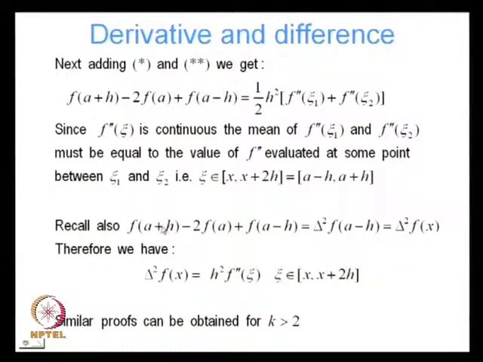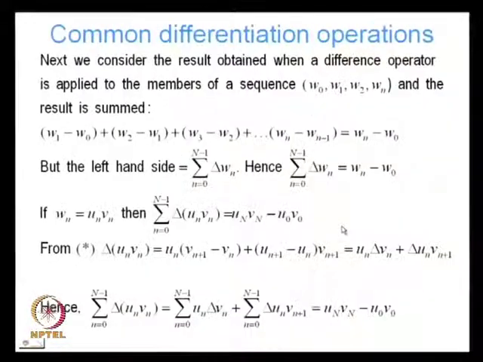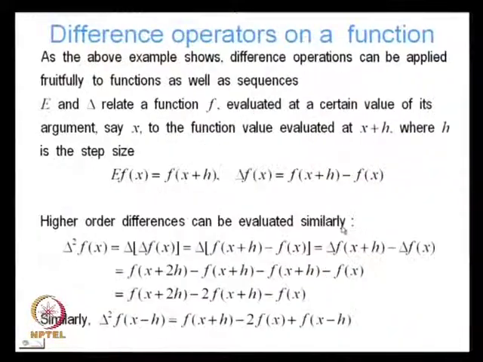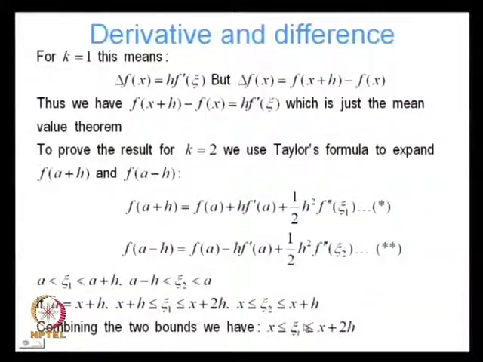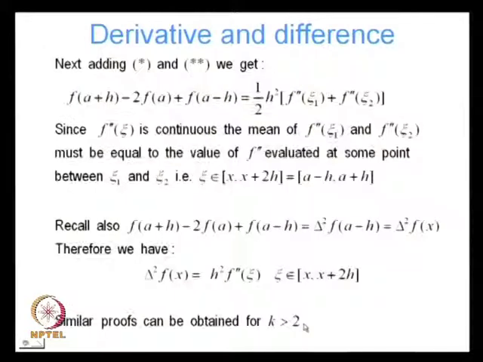Recall also that f(a plus h) minus twice f(a) plus f(a minus h) is equal to del square f(a minus h). We saw that before. Del square f(x minus h) is equal to f(x plus h) minus twice f(x) plus f(x minus h). So, this is equal to del square f(a minus h), and a minus h is equal to x, so that is equal to del square f(x).